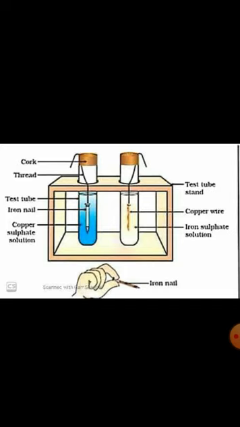Reddish brown copper is deposited on the iron nail. But in the other test tube where you considered copper wire, it is less reactive than iron, so it does not react with FeSO4 and we will not observe any change.